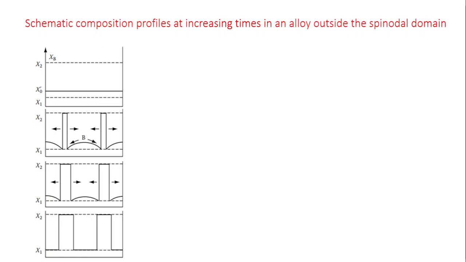As a consequence, the thickness or the volume fraction of the A2 phase, which has a composition x2, will increase. So the diffusion is taking place down the concentration gradient here.